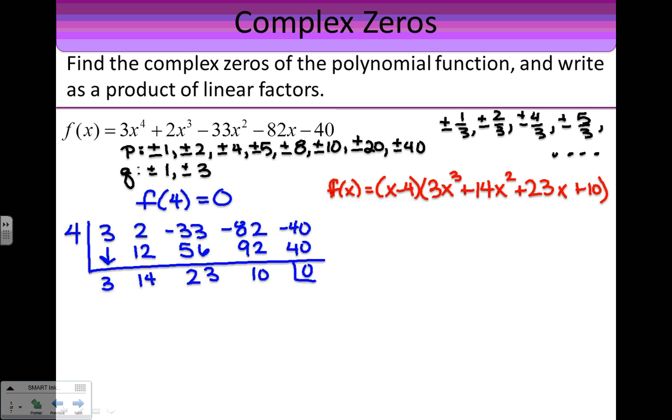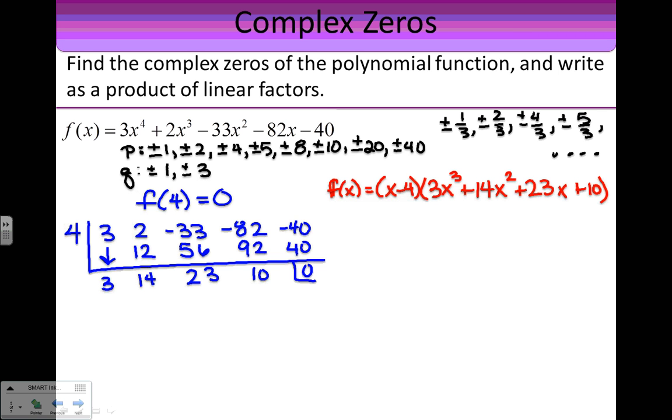So now I want to factor that new quotient, the 3x cubed plus 14x squared plus 23x plus 10. Taking a look at it and some of the greatest common factors I would take out from each group, it looks like it's not going to be factorable by grouping. So what I'm going to do is keep testing other zeros that I have in my list.